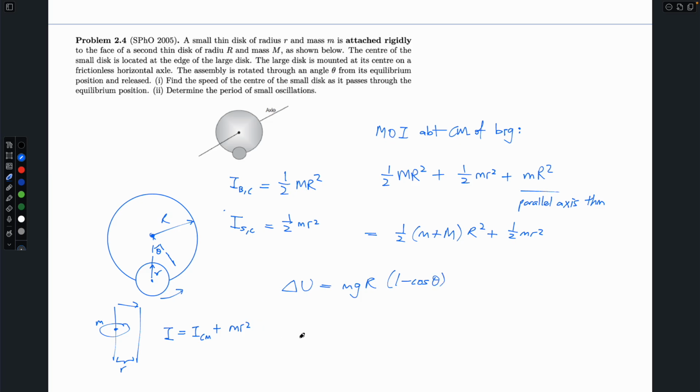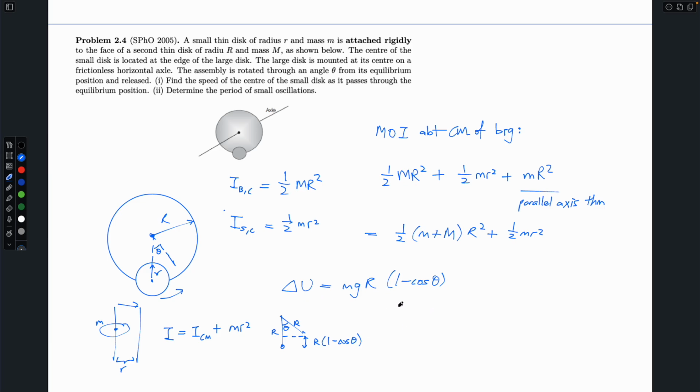So the 1 minus cosine theta term comes from: initially it's at a distance r, now it's at an angle theta, this is still r. So this change in distance is r times 1 minus cosine theta. Okay, so this is the change in the potential.